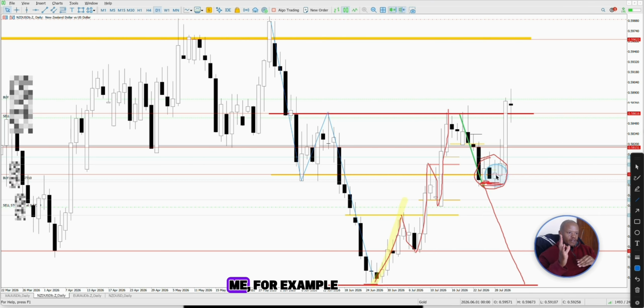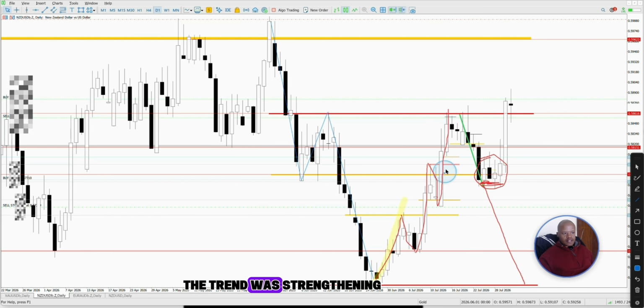I hope you get me. For example, right here, the market was right at this level at 616. However, the trend was strengthening, and it was increasing the possibility of the breakout of this level, 616.